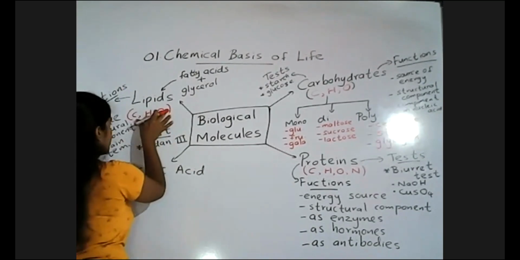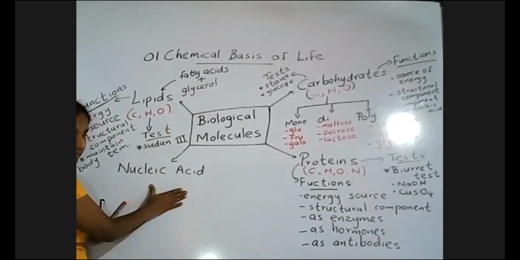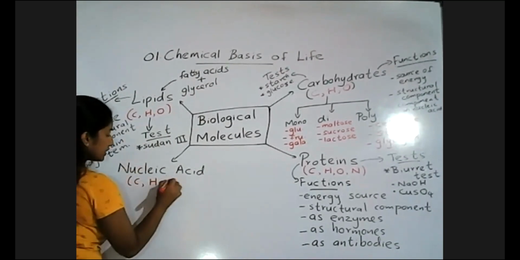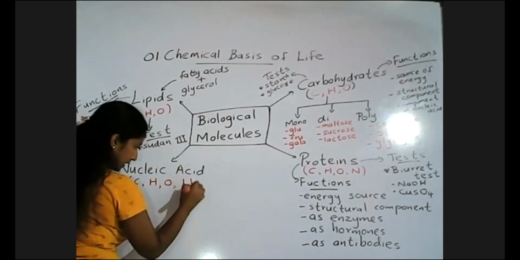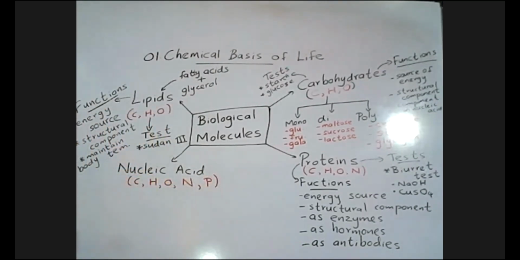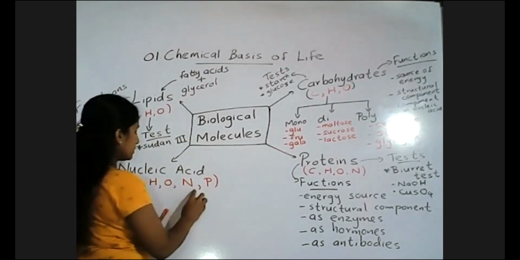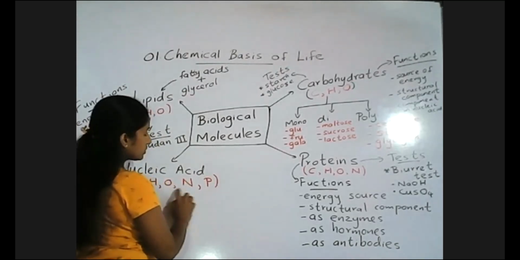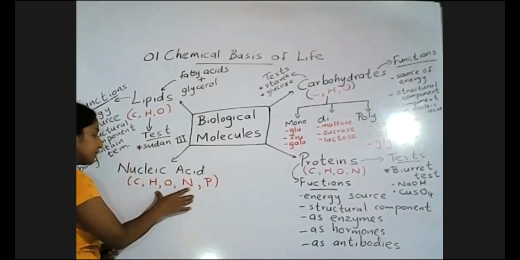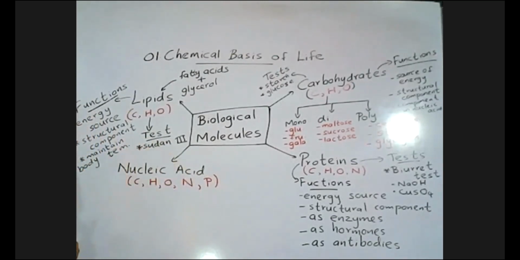When we consider the elements in nucleic acid, that is carbon, hydrogen, oxygen, and nitrogen, and phosphorus also. Carbon, hydrogen, oxygen, nitrogen, and phosphorus are the component elements in nucleic acid.